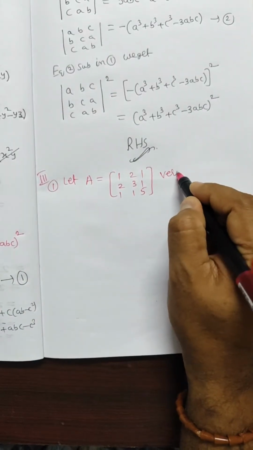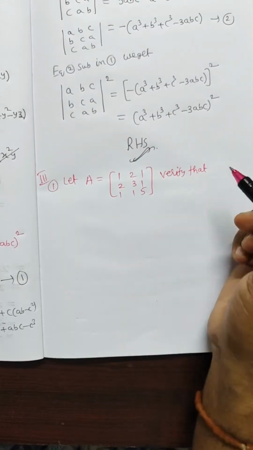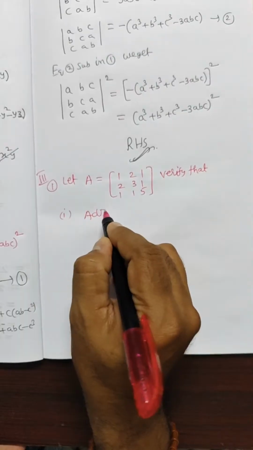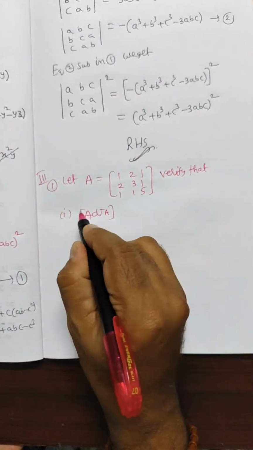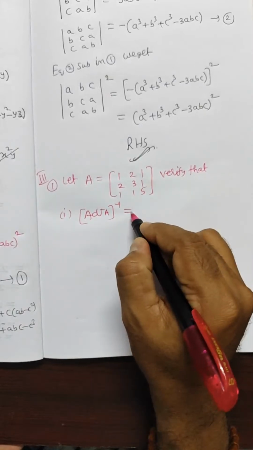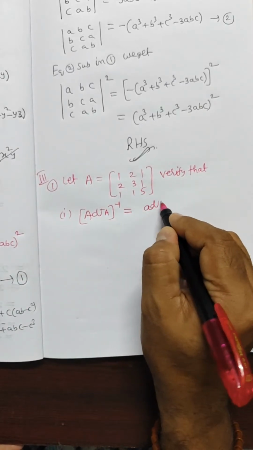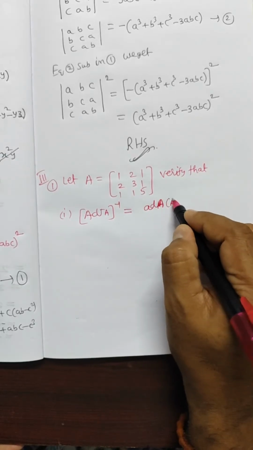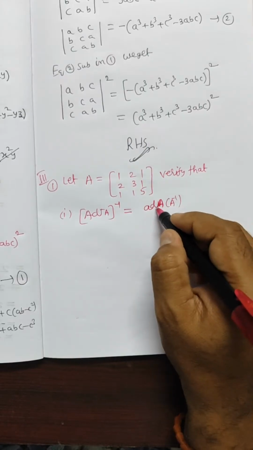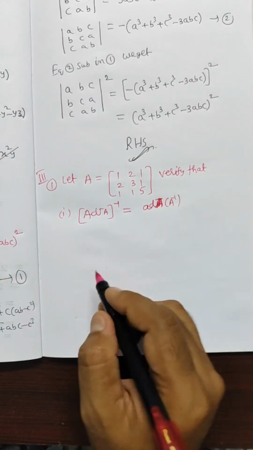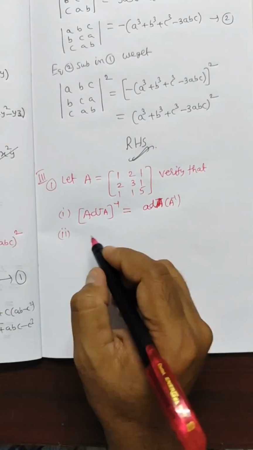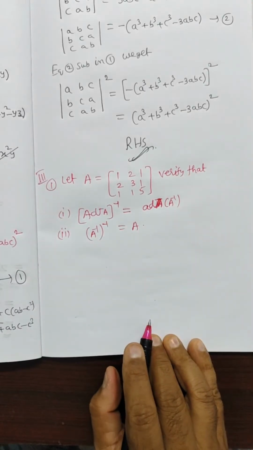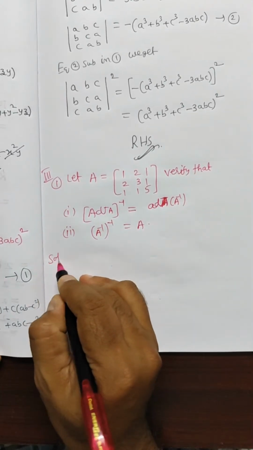Verify that the first question, adjoint A whole inverse is equal to adjoint of A inverse. Second one, A inverse whole inverse is equal to A. See, one by one we will finish it, dear students.